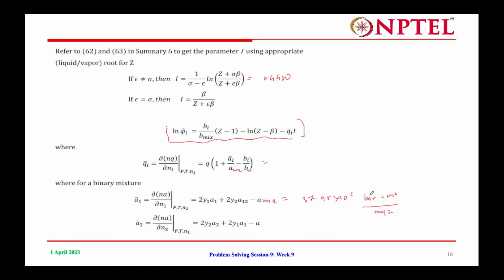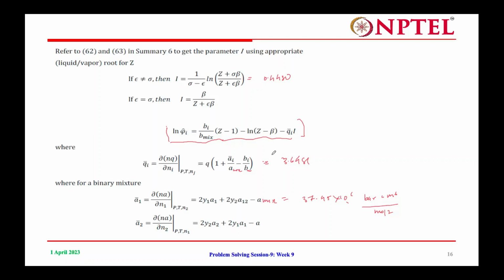After that, calculate the Q1 bar using this equation. 3.6981, right?